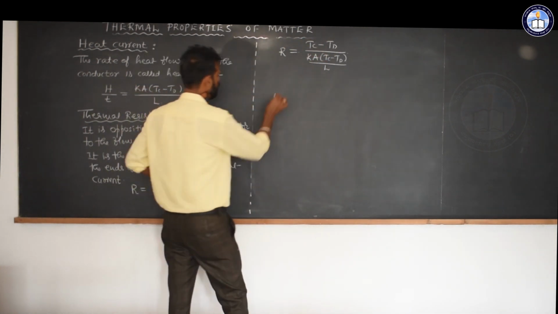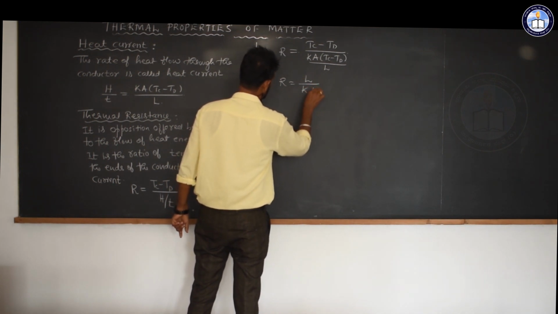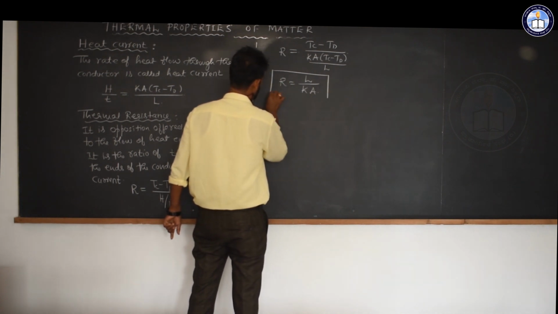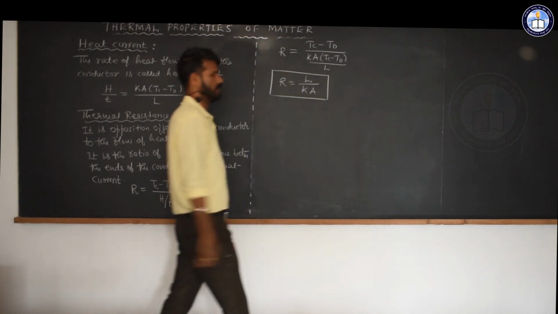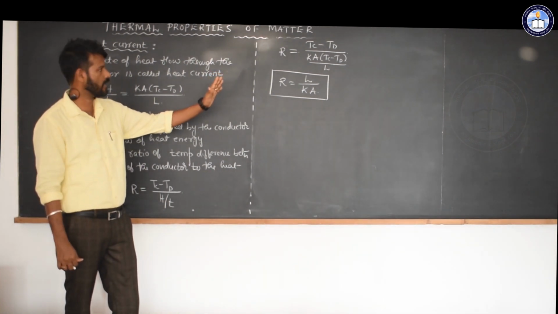What is left here? R is equal to L by Ka. So this is the formula for thermal resistance.